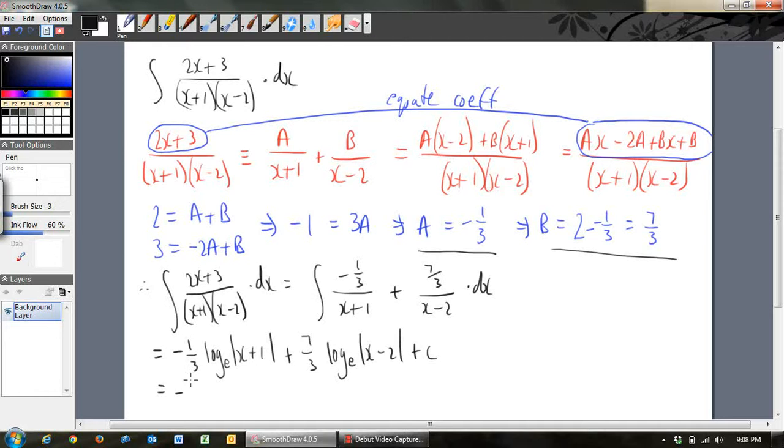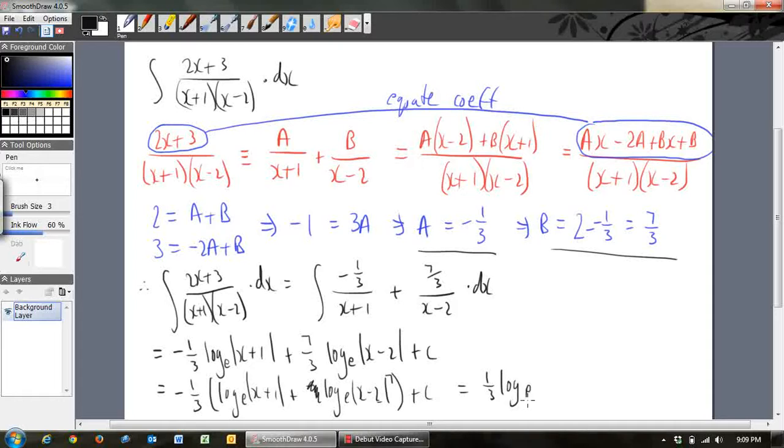That's equal to, we'll take negative 1/3 out the front, and then you'll have in the brackets log e of x plus 1 plus 7 log e of x minus 2. Just have that in brackets. Now this 7 could go up here as a power of 7 using your log laws, plus c.